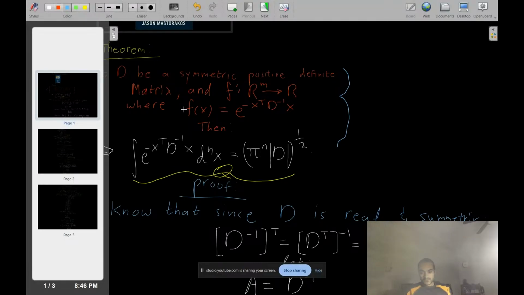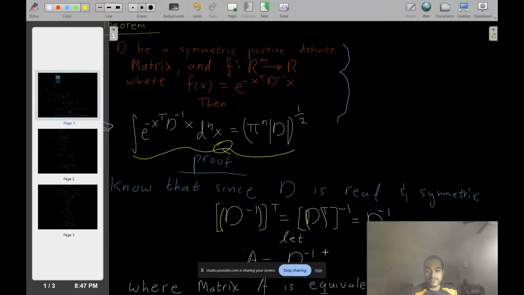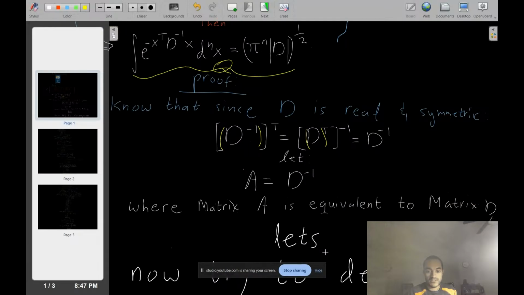Because this D inverse is just equal to D, since it's a real symmetric positive definite matrix.